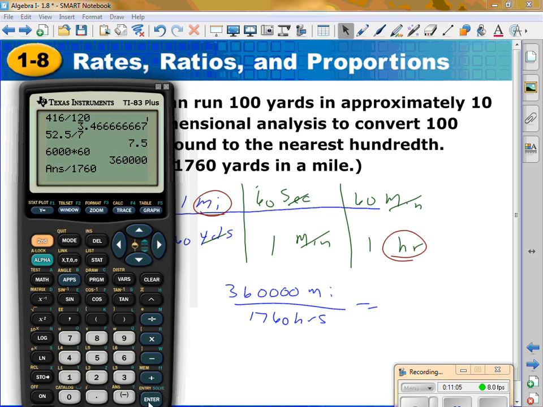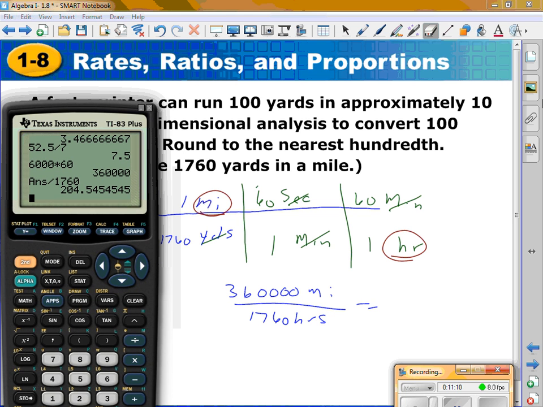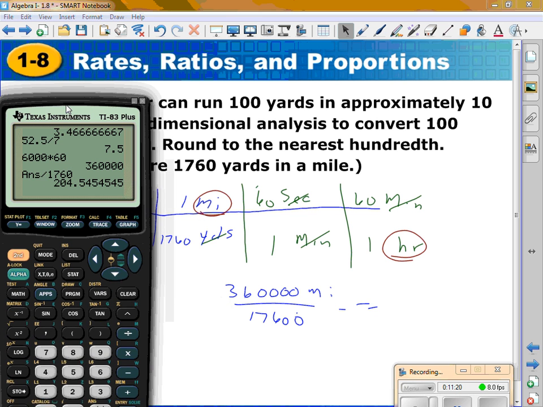Let's see how fast he's going. Something's wrong. I'm just making mistakes today. I forgot this. The calculator was covering it up. 10, so I have to add another 0.